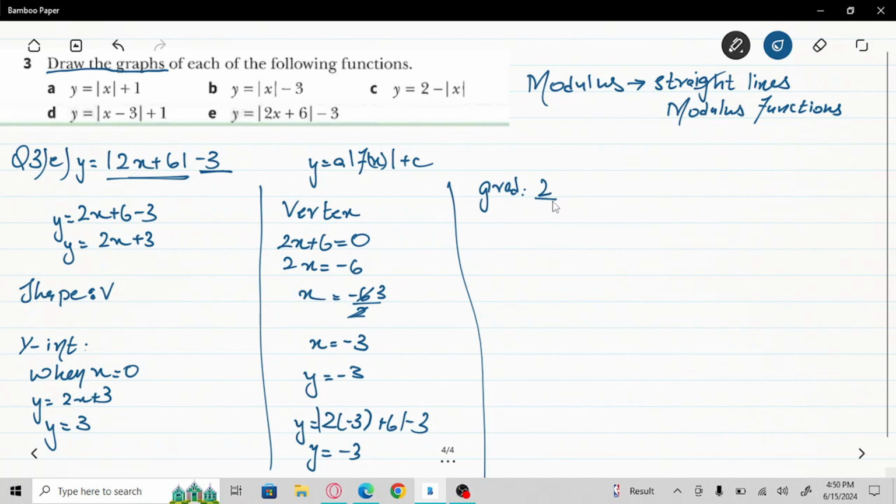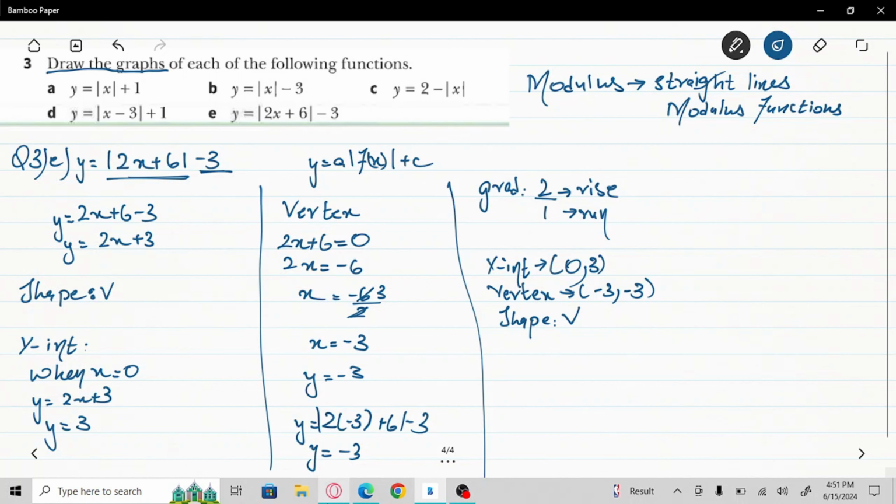So our gradient is going to be 2 upon 1, where 2 is the rise and 1 is the run. We have the y-intercept, which is at 0, 3. We have the vertex, which is at negative 3, negative 3. And last but not least, we have the shape of the graph, which is a V shape.